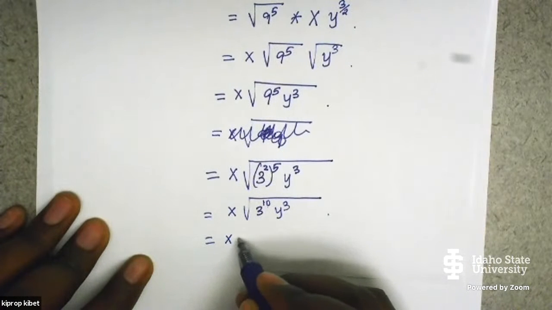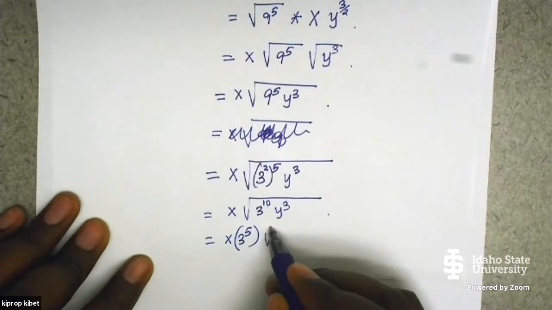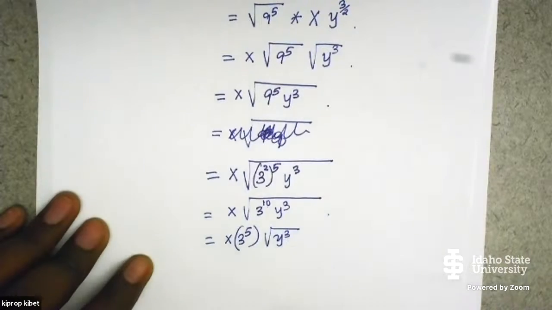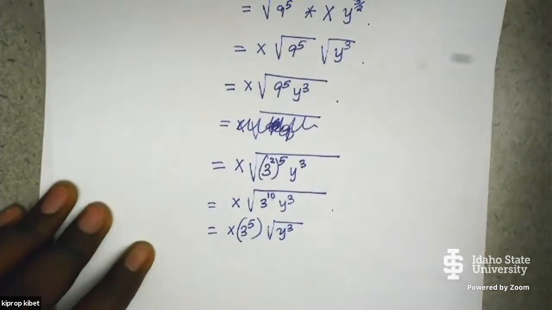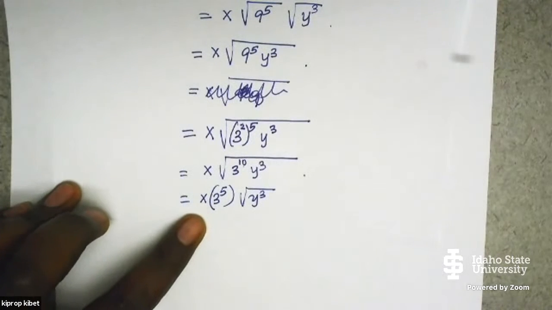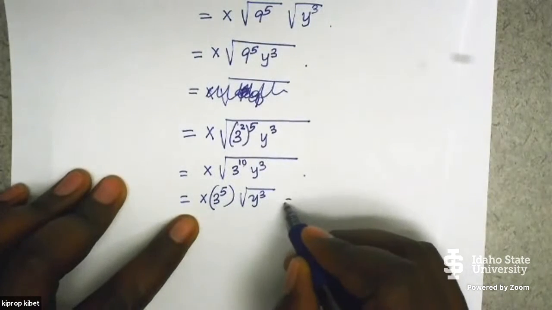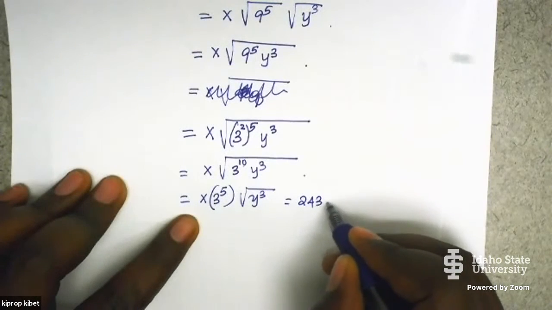So x times 3 raised to 5, and then the square root. 3 raised to 5 is 243. This is equal to 243x.